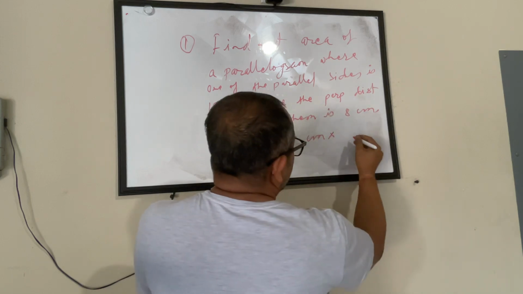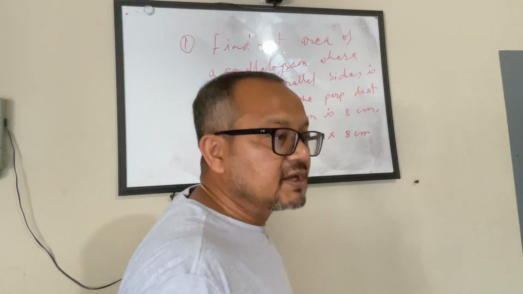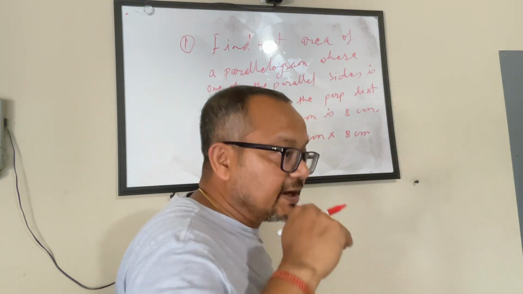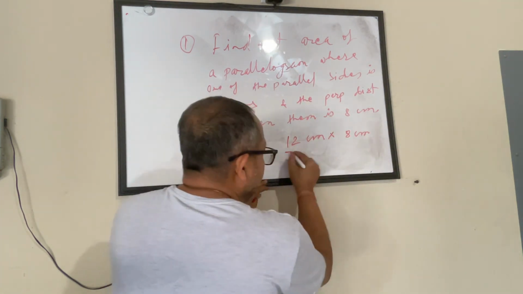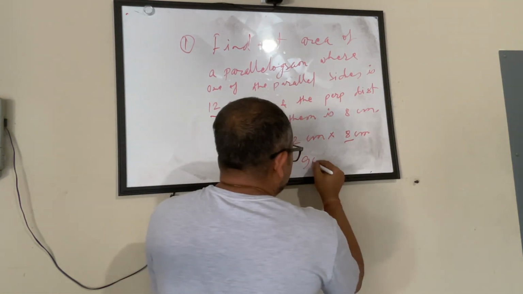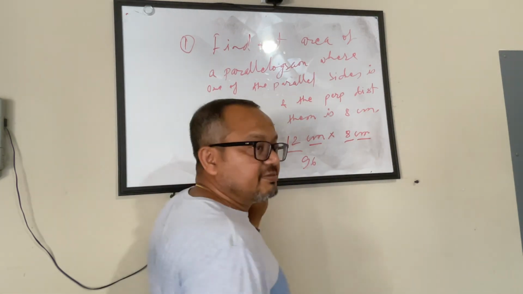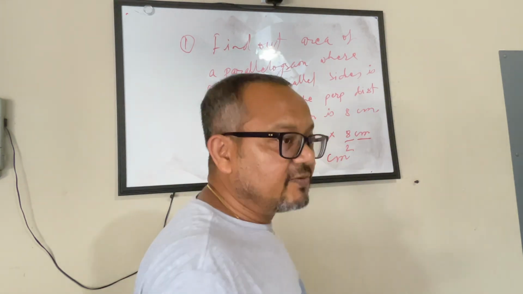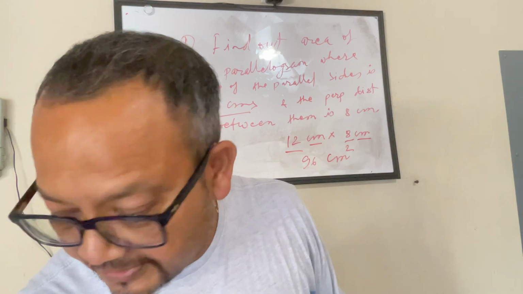And the perpendicular distance is 8 centimeter. We know the area of a parallelogram is base times the perpendicular distance between the parallel lines. So 12 centimeter into 8 centimeter. 12 and 8 when you multiply, you got 96. And centimeter gives you centimeter square. Never forget the unit side of it.